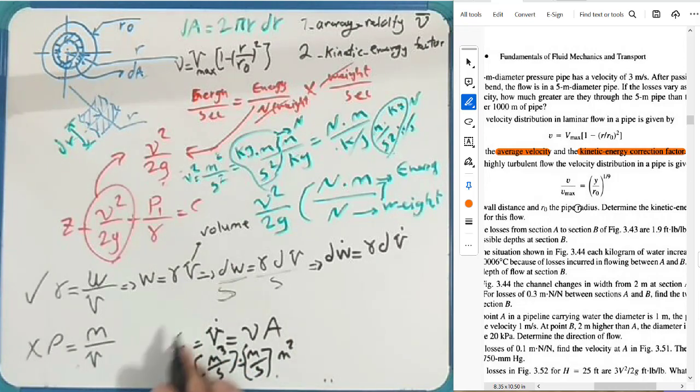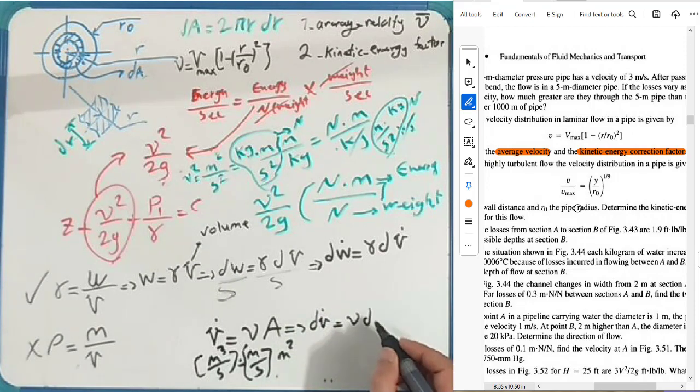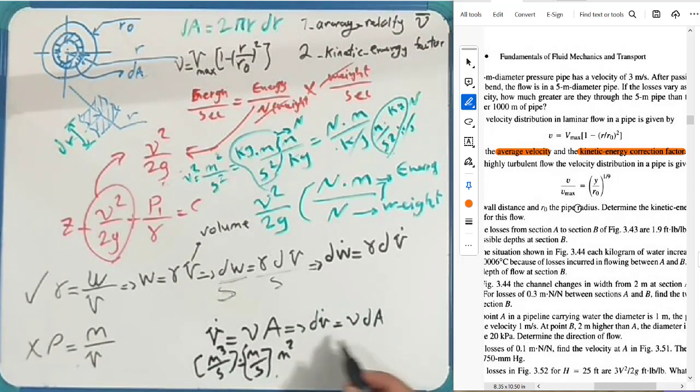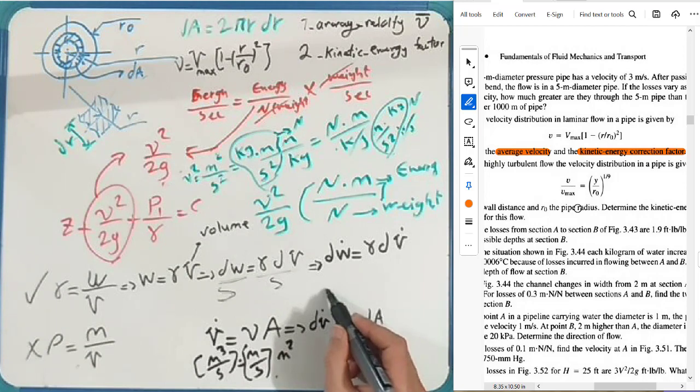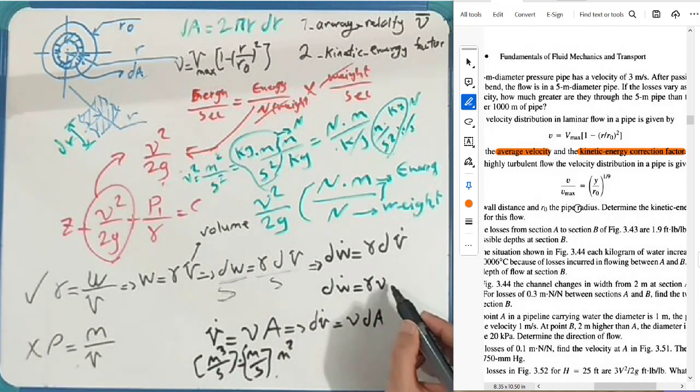Let me just use this one, okay? But I can write in this way: dV dot equals nu dA, okay? I will put it inside that. Then dW dot equals gamma nu dA, okay?